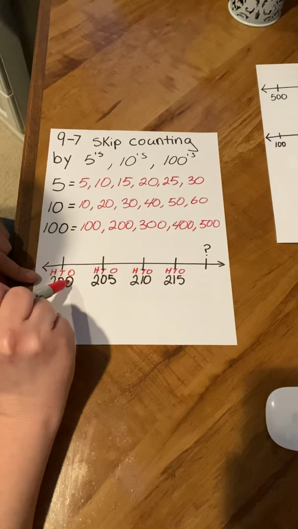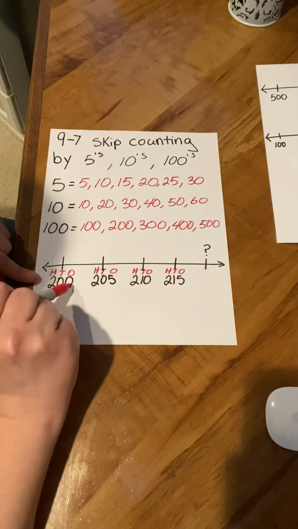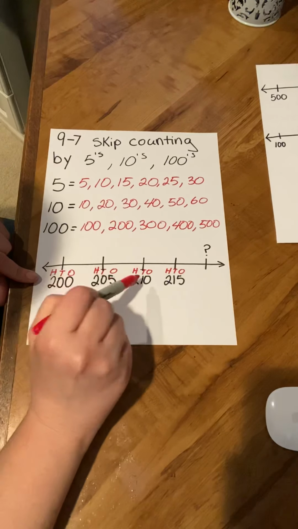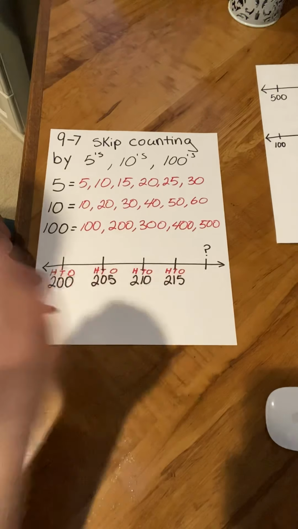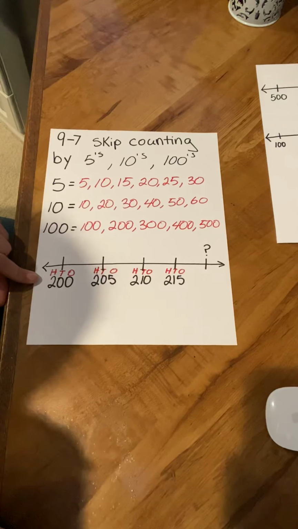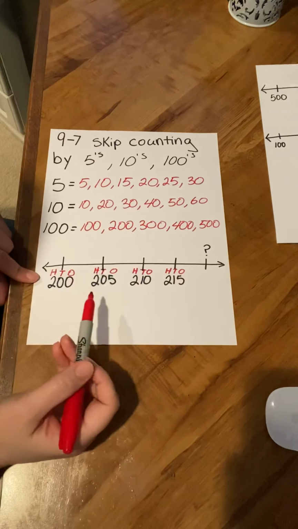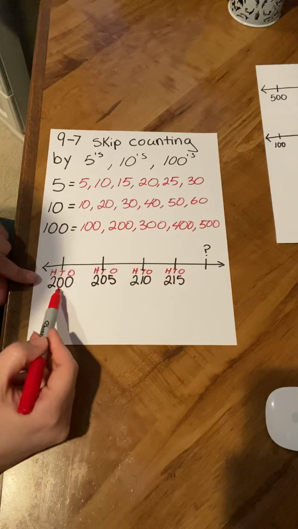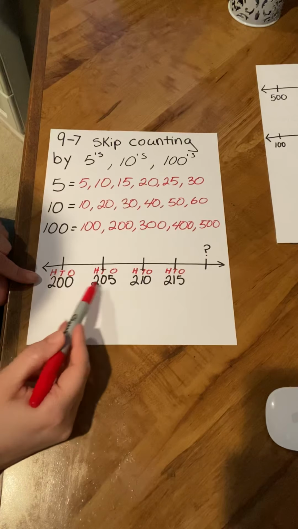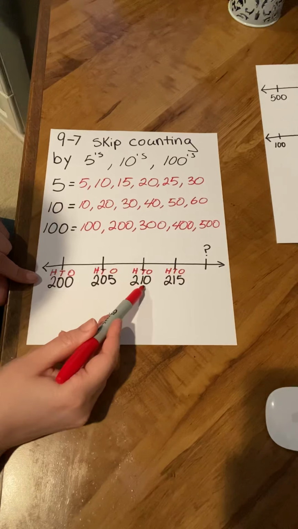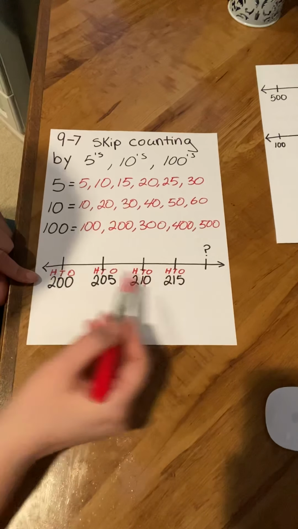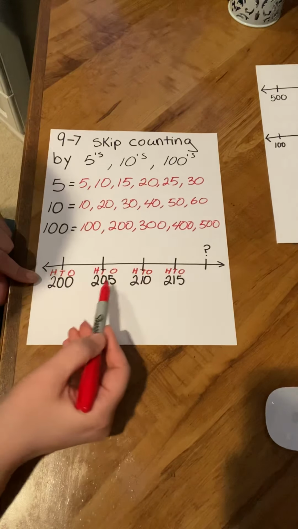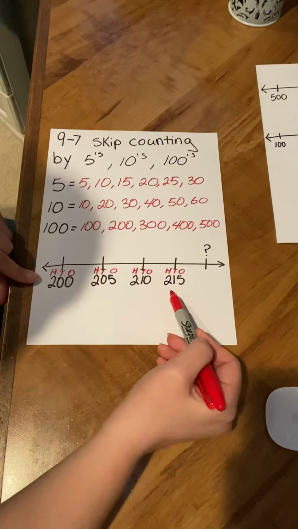How about the ones place? 0, 5, 0, 5. Oh, another pattern. And if I look at the tens and ones, I can see the pattern of the fives, starting with 0, 5, 10, 15: 200, 205, 210, 215.